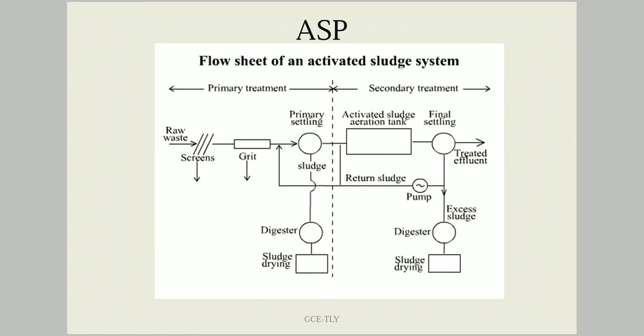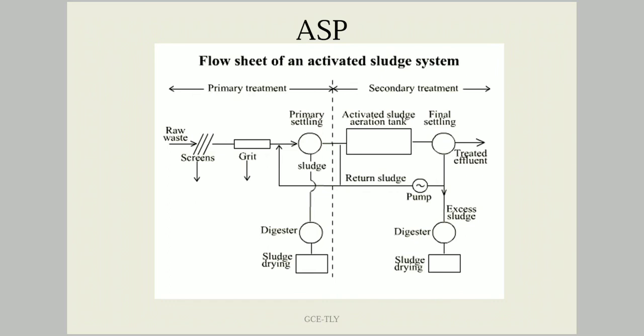In secondary treatment, in this case we adopt the activated sludge process. After the primary settling tank, there will be an activated sludge tank, and after that there will be a final settling tank. From the final settling tank, the sludge is removed.